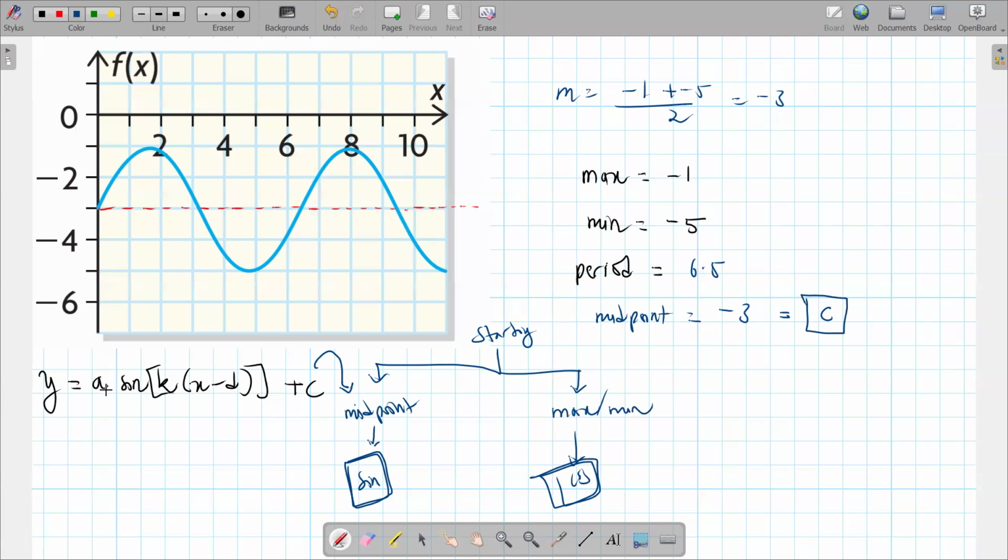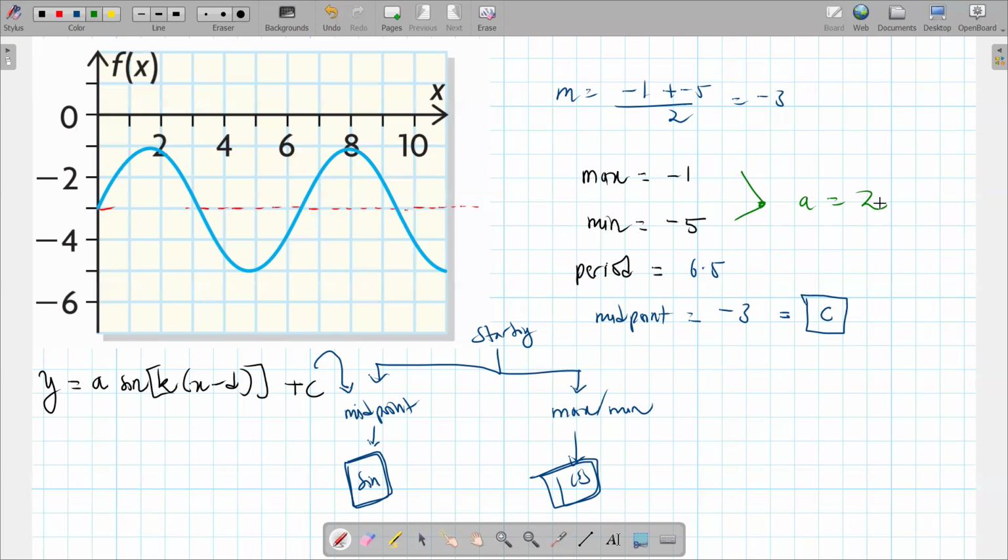A is the distance from your midpoint to either the maximum or the minimum. What's the distance from the midpoint to the maximum or the minimum? 2 units. So your A value is 2, right? We just have 2 more letters.